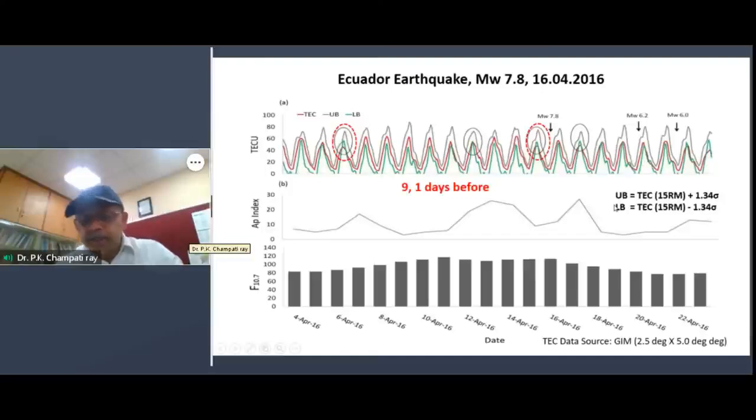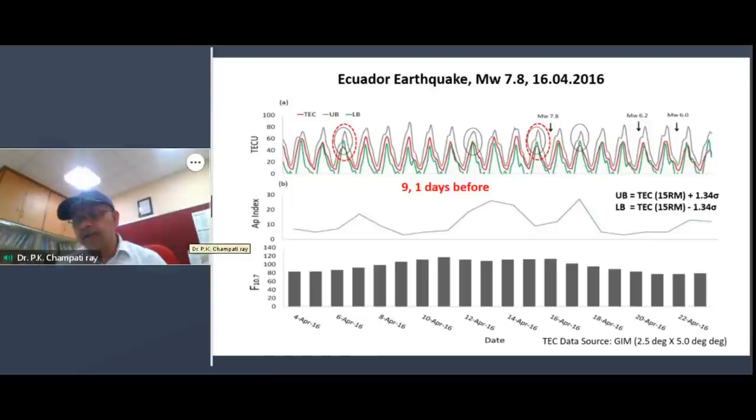The theory, the physics, says that the total electron content is also dependent on the magnetic flux, the magnetic storm and the solar flux. Those factors are also eliminated using global data sets. The AP index and the F10.7 are the information which rule out the magnetic storm and the solar flare.